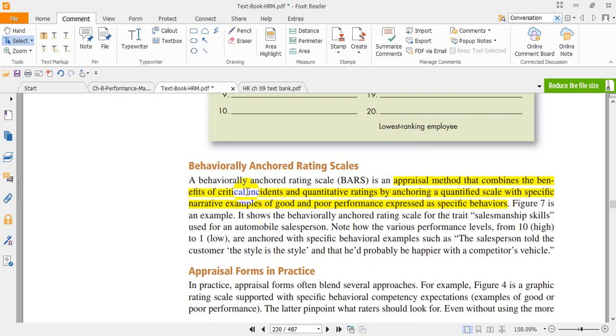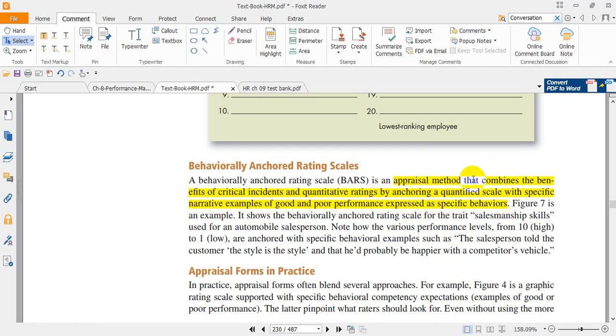Another method is behaviorally anchored rating scale, BARS. Behaviorally anchored rating scale is an appraisal method that combines the benefits of critical incidents and the quantitative rating by anchoring a quantified scale with the specific narrative examples of good and poor performance expressed as specific behavior.